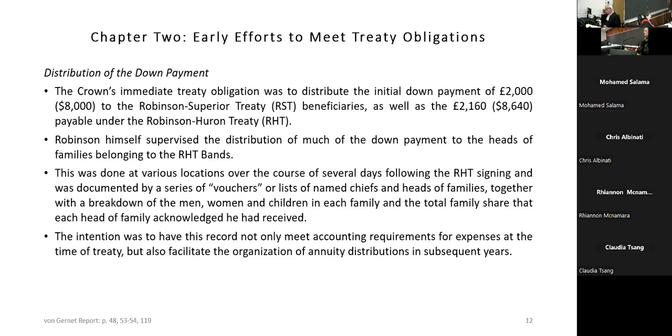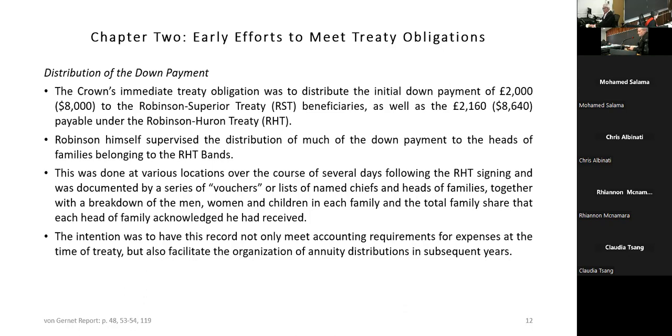And so he took over the responsibility of distributing the initial down payment to the Robinson-Huron Treaty beneficiaries. But he did not do it for the RSD because that was done by a Hudson's Bay Company official.